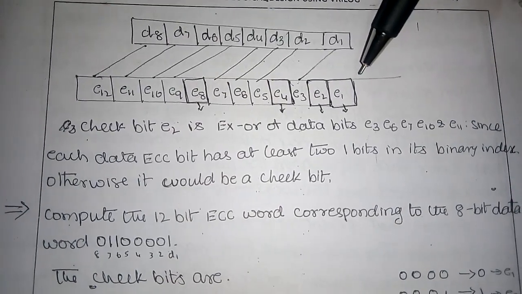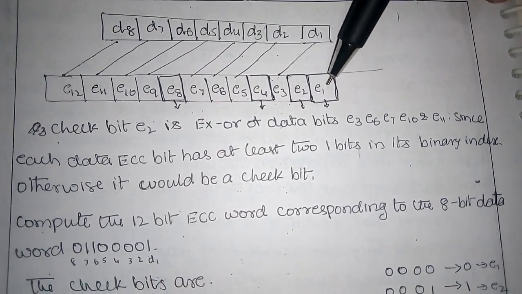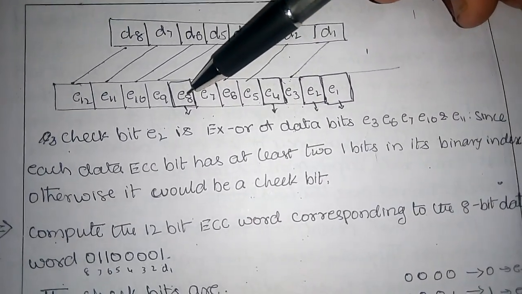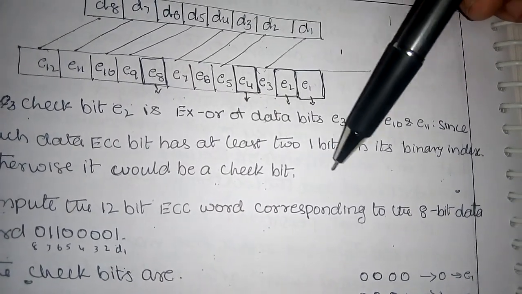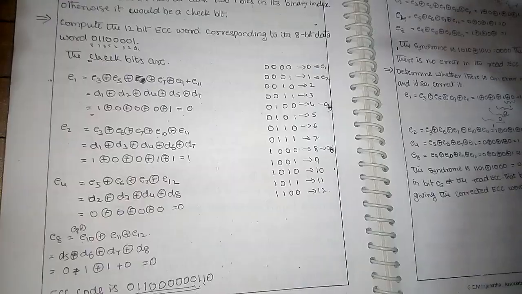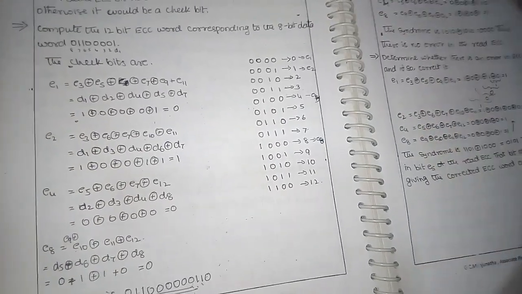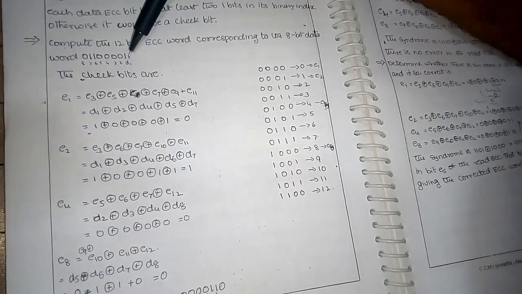The check bits are E1, E2, E4 and E8. For that, I have to check the error bits. So in this, 8 bits of data are given. The data bits are 0, 1, 1, 0, 0, 0, 0, 1.